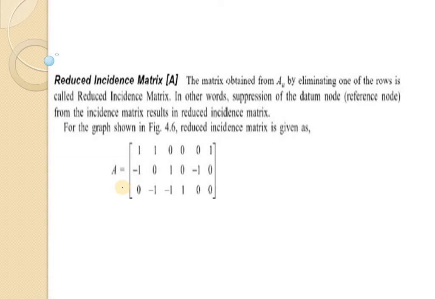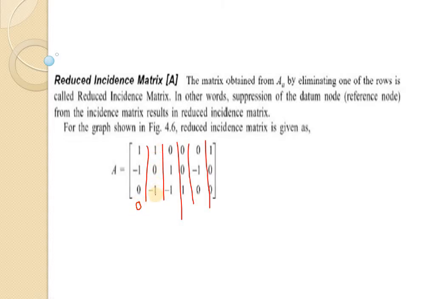And the way we are getting the incidence matrix from the reduced incidence matrix is we have to sum up all these values, and if this is 0, then it is correct. That means what will happen? Let's see, this is minus 1 plus 1, that means 0.